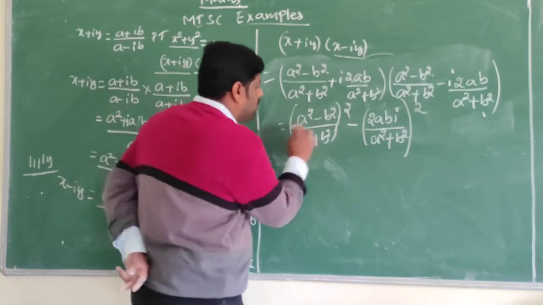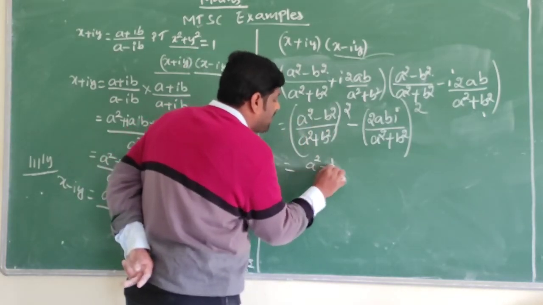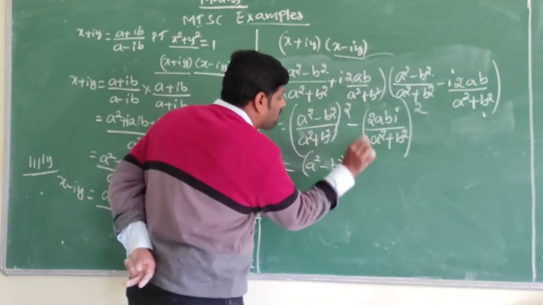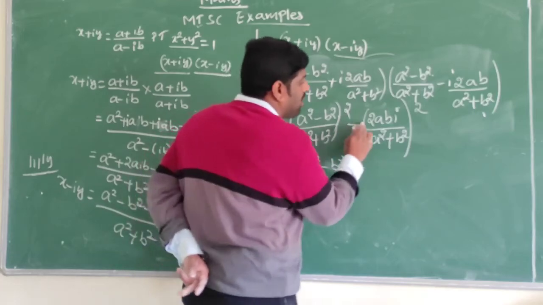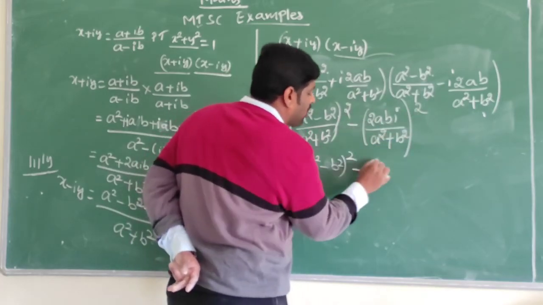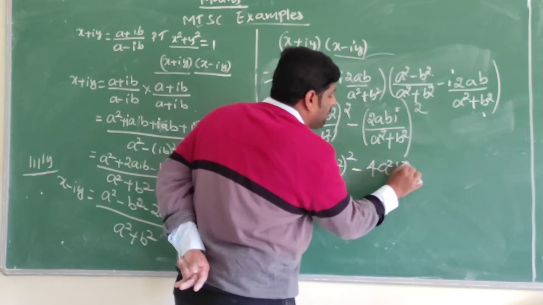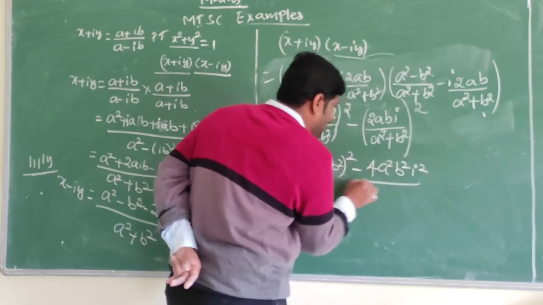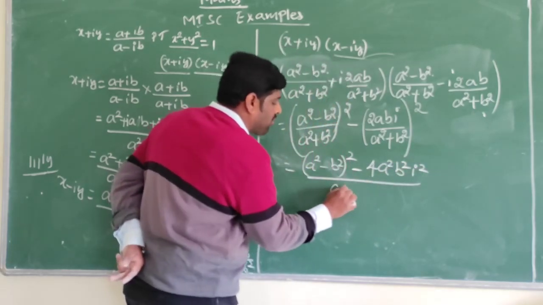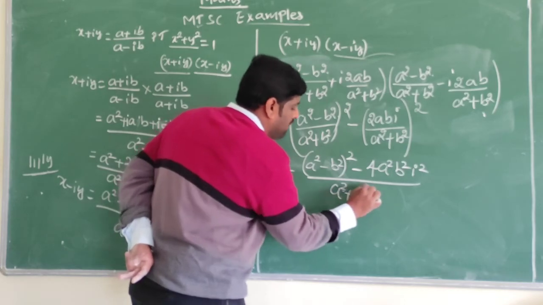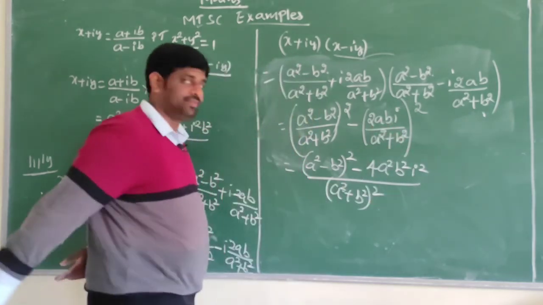So here (a square minus b square) whole square minus, okay, so here 2 square means what? 4. 4 a square b square i square divided by (a square plus b square) whole square.